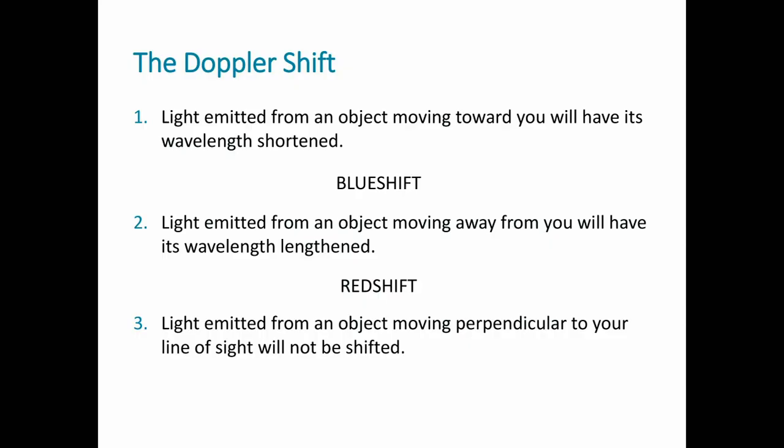So moving towards you, blue shifted, or moving away from you, red shifted. And so for things in space, you really need to look at the whole spectrum as a whole to see how it's red shifted or blue shifted, to say what elements they even are and if it's moving towards you or away from you. And then if the object is moving perpendicular, so just across your field of view, then it's not going to be red shifted or blue shifted.